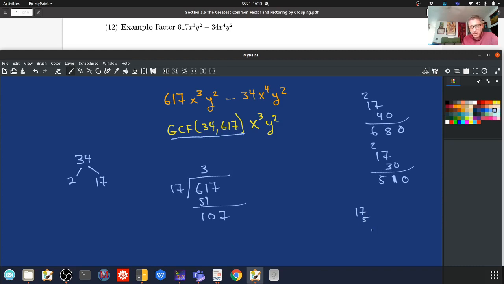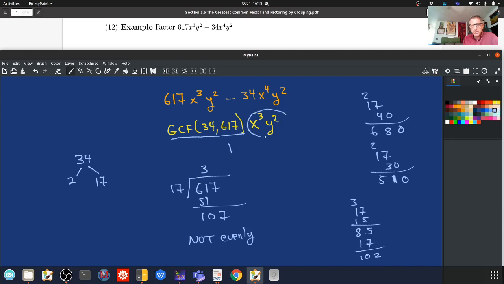It's going to be almost there. 5 times 7 is 35. That's 85. If I add another 17 to it, it's going to put me over. So no, it's not evenly divisible. So the GCF is equal to 1.